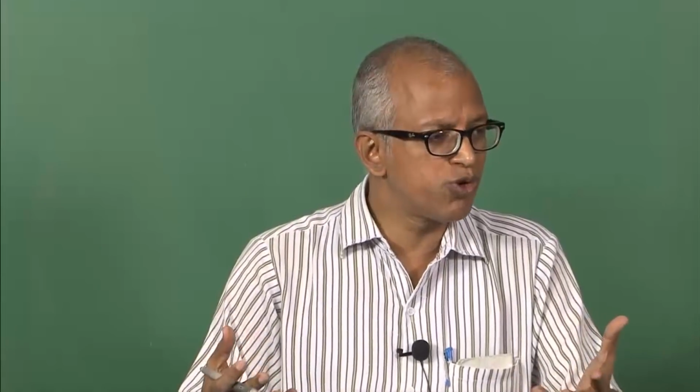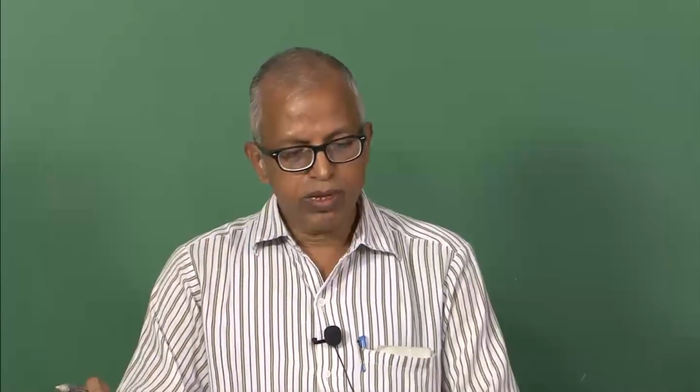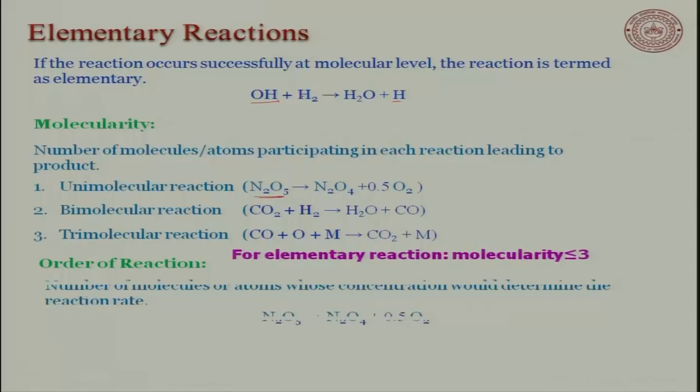Whereas for global reactions, which are hypothetical reactions, that is theoretical, like what we assume, there you can have it, right. Whereas the order of reaction will be different from the molecularity, because that will tell you whether the reaction rate will be dependent on the concentration and what is its power, right, the coefficients, the power.